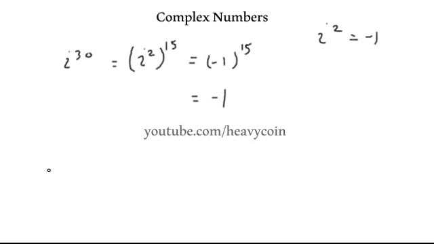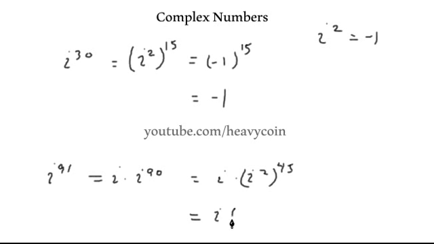Okay. If I had i to the 91st, we would want to rewrite that as i times i to the 90th. And that can be rewritten as i times i raised to the second power, and all of that raised to the 45th power.